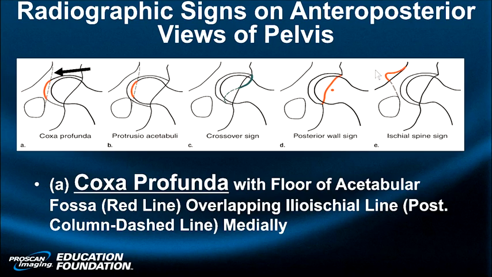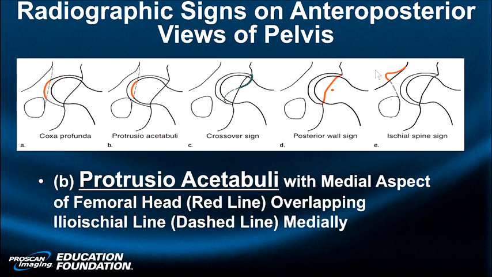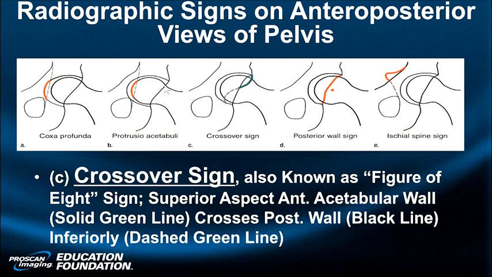Coxa profunda, floor of the acetabular fossa overlapping the ilioischial line, protrusio acetabuli, medial to the ilioischial line is the femoral head. Then the crossover sign, also known as the figure of 8 sign, in which the superior acetabulum protrudes to the midline more than the posterior acetabulum.